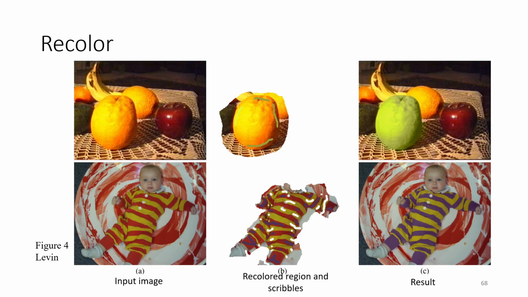And for this example, the white region is where the color won't be changed, and he adds some scribbles on those yellow regions, and it can change to another set, the purple.